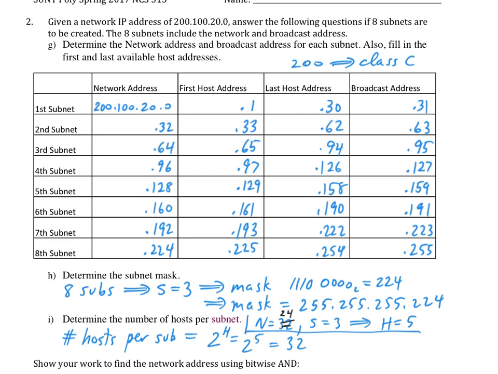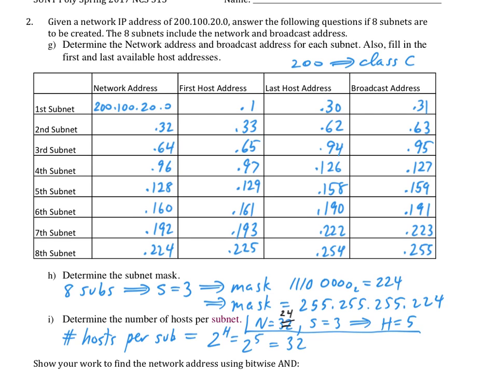It's straightforward to add 1 to those numbers to get the first host addresses, and it's straightforward to subtract 1 from the next subnet ID to get the broadcast addresses. You have to remember it would go all the way up to 255. And then it's also straightforward to subtract 1 from the broadcast addresses to get the last host address.